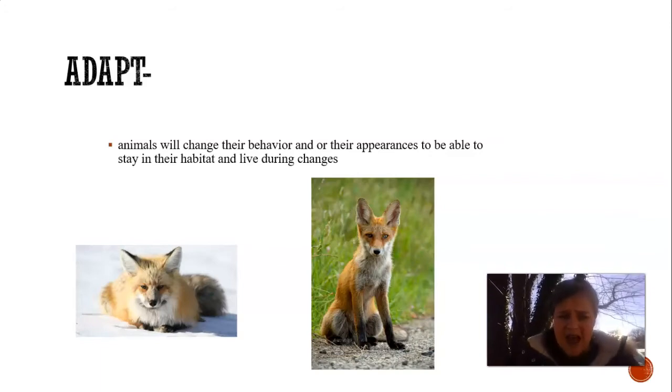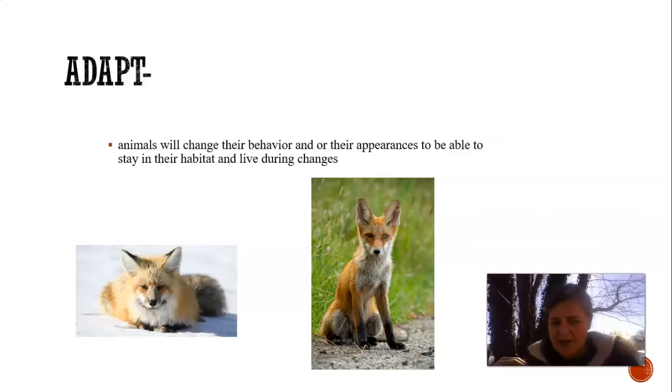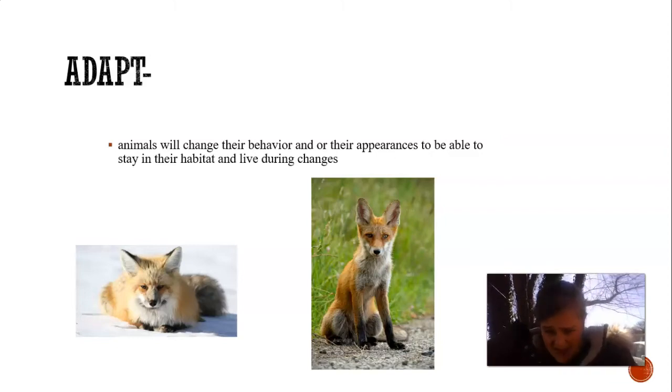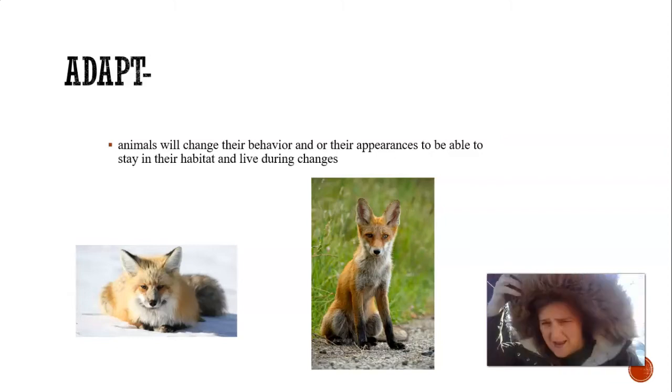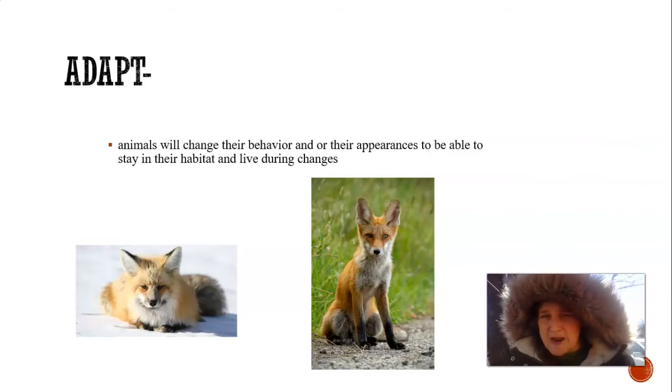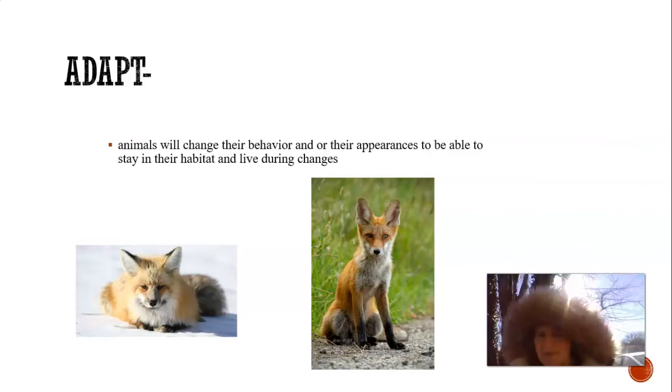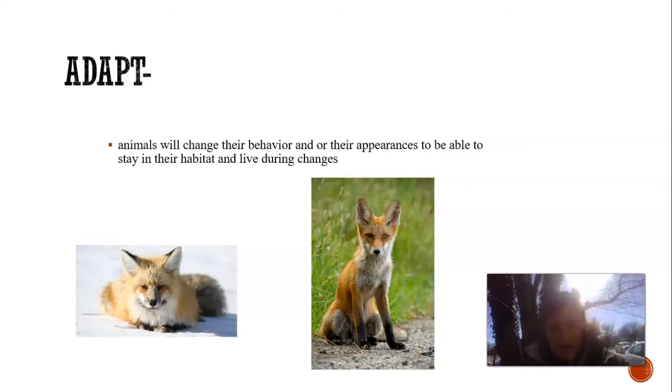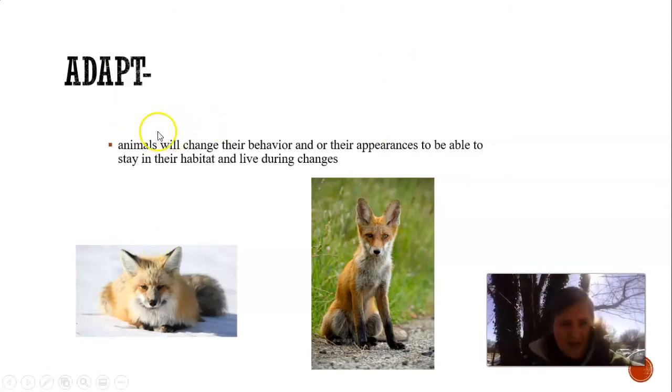So to adapt, this fox has gotten a thicker coat. Like Mrs. Ake, I adapted for the cold outside. Look at this, I got my coat on too. I don't like to be cold, so I adapt. When I go outside, I change my appearance and the way that I dress to deal with the cold weather. And I bet some of you do too. So take the hood off.